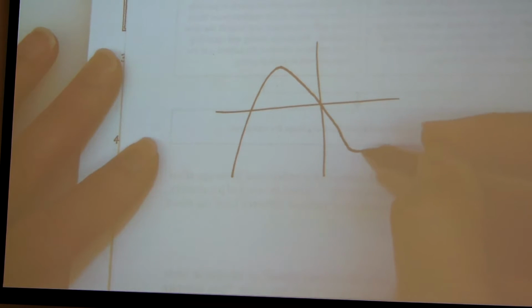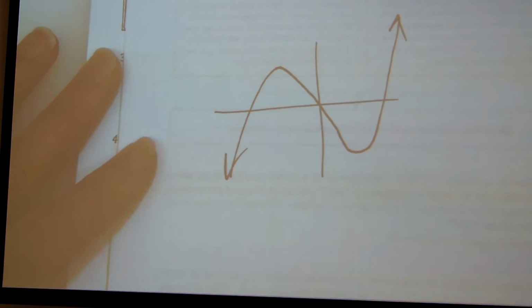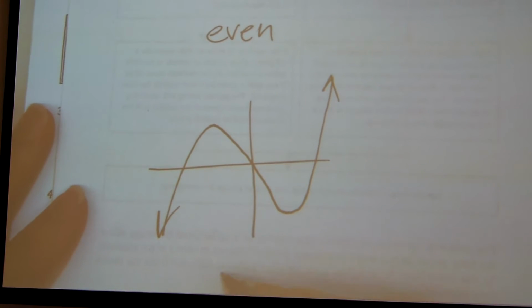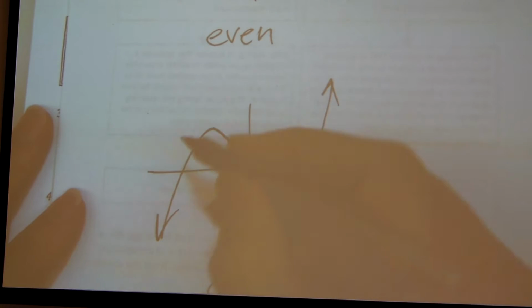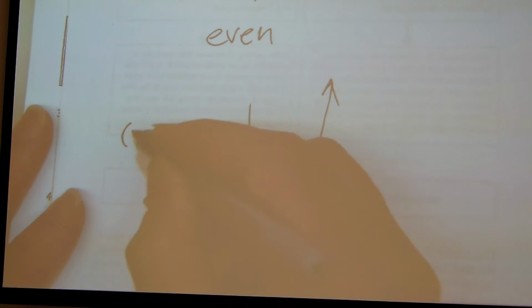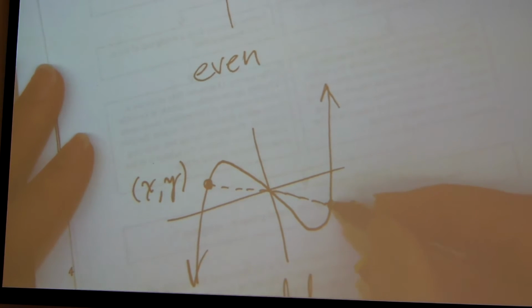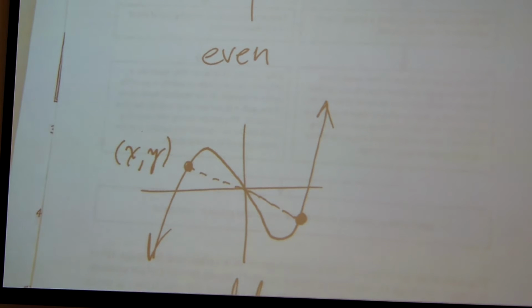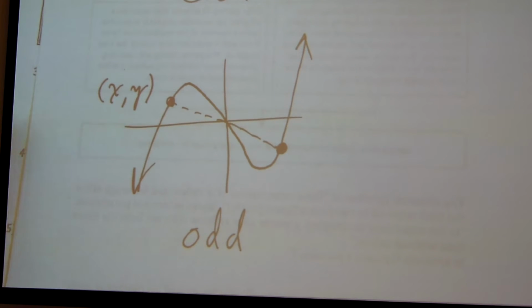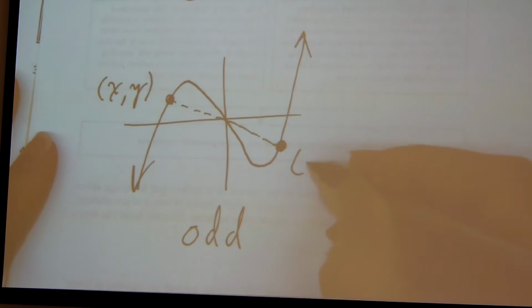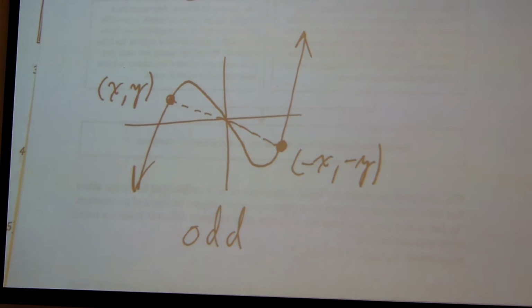An odd function, a little bit weirder. This is going to be one that has symmetry with respect to the origin. I didn't draw that particularly well. And any point on here at x, y is going to have a reflected point straight through the origin, because this is symmetry with respect to the origin, and this is going to have coordinates that are the opposite.